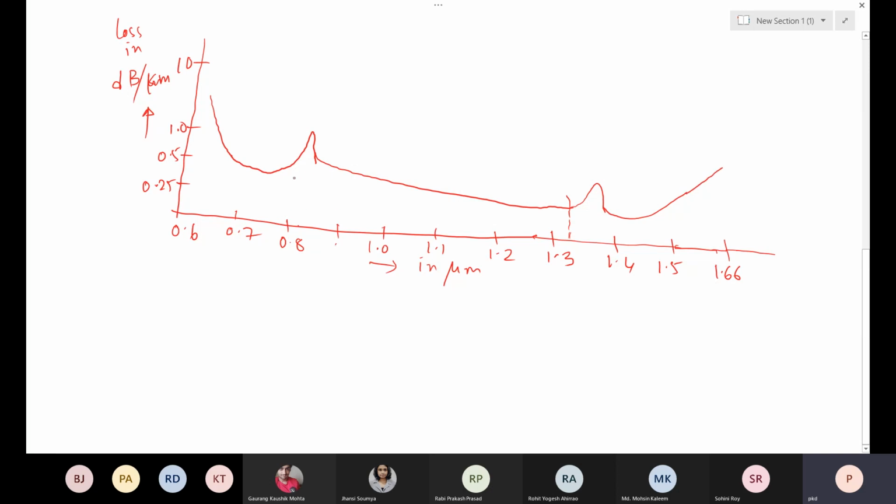So this is around 830, there is one low loss zone, and then around 1.33 we have another low loss zone, and then this is 1 point, I think I have drawn little. It would be like this.